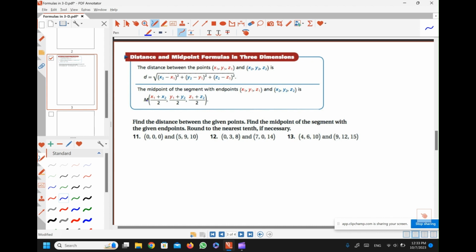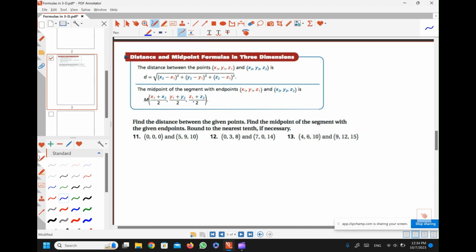The midpoint formula is you take the average of each of the coordinates. What does average mean? You add the x's up, divide by 2, add the y's up, divide by 2, add the z's up, and divide by 2. So this is the average. The average of x's is x1 plus x2 over 2. The average of y's is y1 plus y2 over 2.